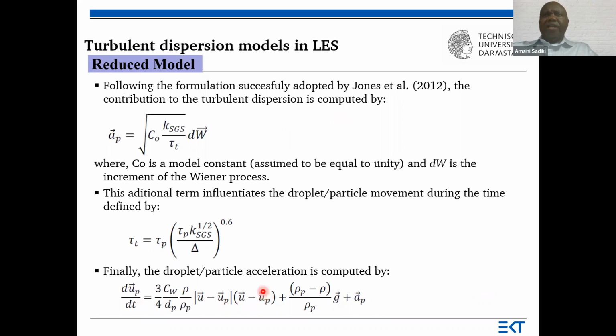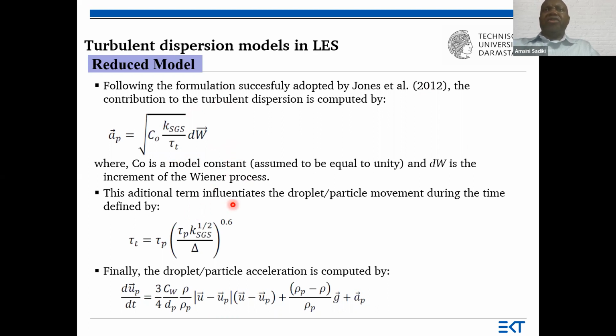Here we use the motion equation of the particle, but we add an additional term, this term here. It was formulated by Jones, and it accounts for the turbulent dispersion. This turbulent term is made of a Wiener process in which we have the subgrid scale, the time scale, and the increment of the Wiener process.